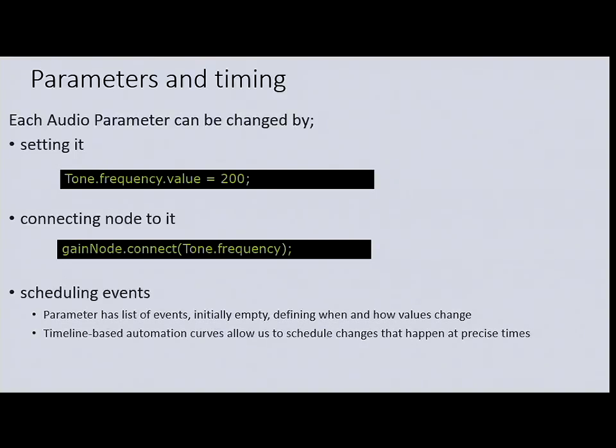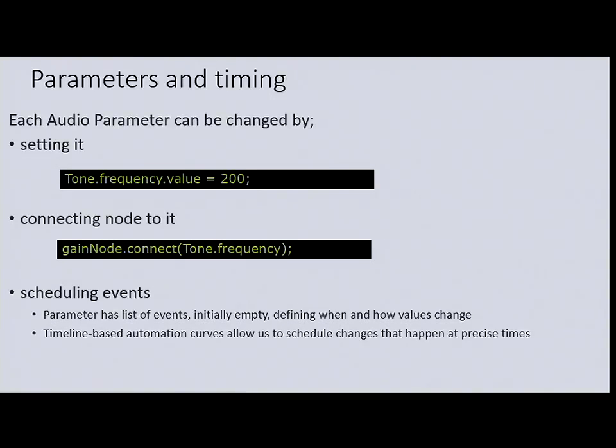So each of the audio parameters can be changed by setting them, which is what we've done so far, connecting a node to them. So if a gain connects to a tone's frequency, not to the tone itself, but to its frequency parameter, then we'll be multiplying that frequency parameter by whatever the gain is. And by scheduling events. So parameters have a list of events.